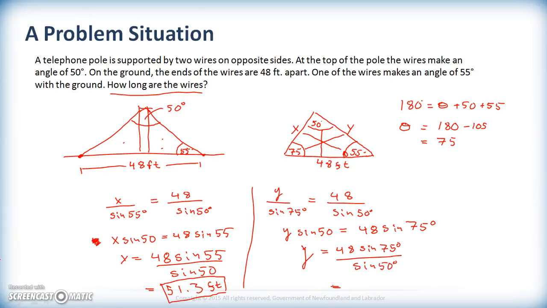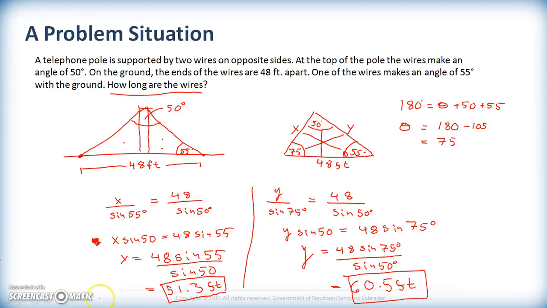Okay, so our calculator will tell us for that one, 48 sine 75 divided by sine 50, and magically we get 60.5 feet. So that one's a little bit longer. So we've got 60.5 feet for this guy. Okay? So those are our two lengths for our two wires, found using sine law.